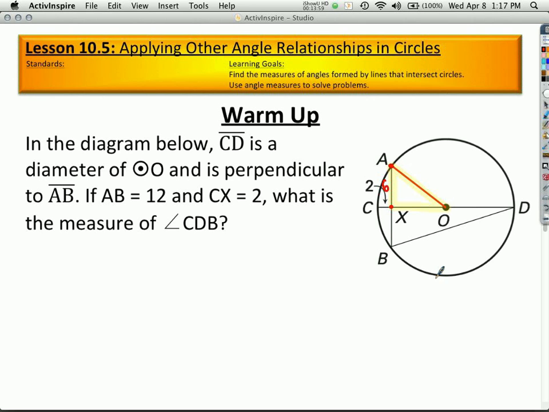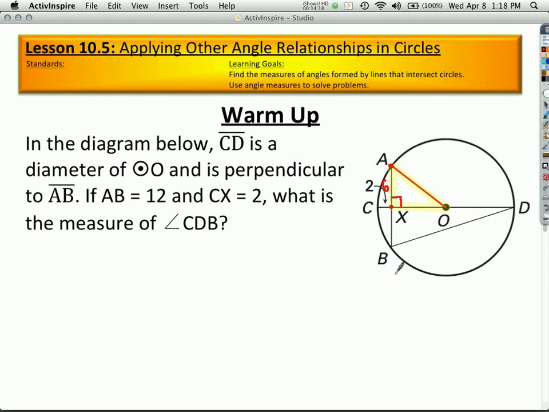Very good. That was a great explanation. This is a chord. This is a diameter. A diameter will always cut a chord in half. It's a perpendicular bisector. So we now know that this is a right triangle and that is 6 because the whole distance was 12.